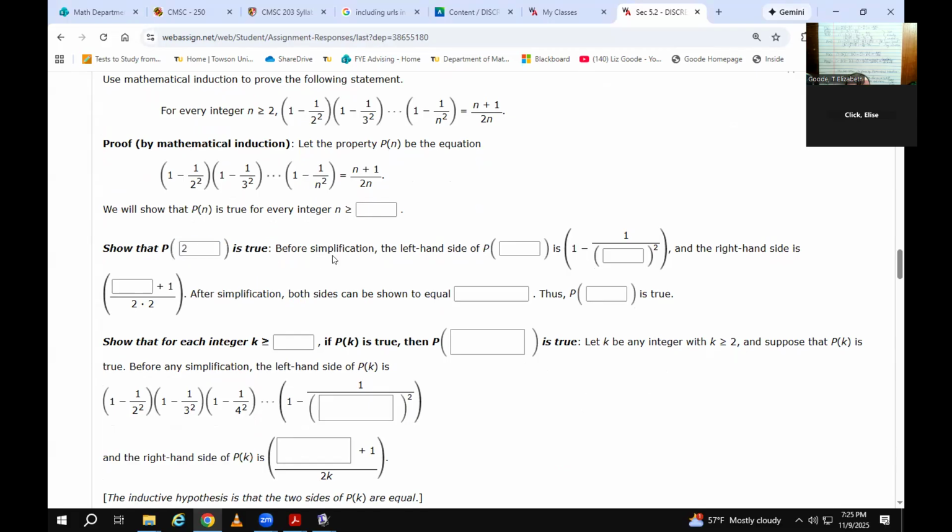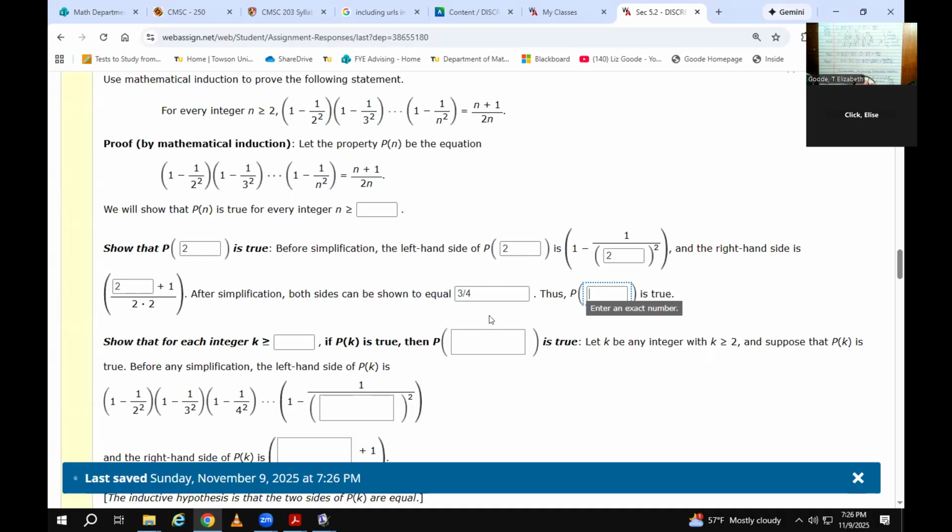And then before simplification, the left side of P of 2 is, in that one, 2. And then for the next blank, I said 2, and then is equal to 3/4. And you can put in, if the little equation editor doesn't pop up, you can always just use a slash.